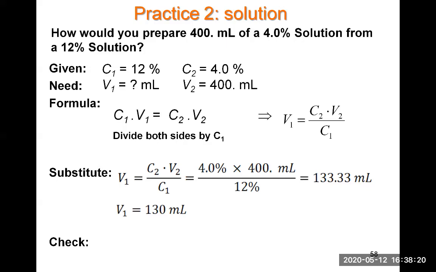So it's 130 milliliters. How would you prepare 400 milliliters of a 4% solution from a 12%? You would take 130 milliliters of the 12% solution and then dilute it until the volume is 400 milliliters. That will decrease the concentration to 4%.